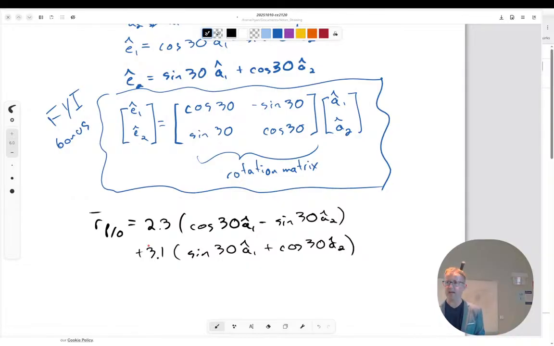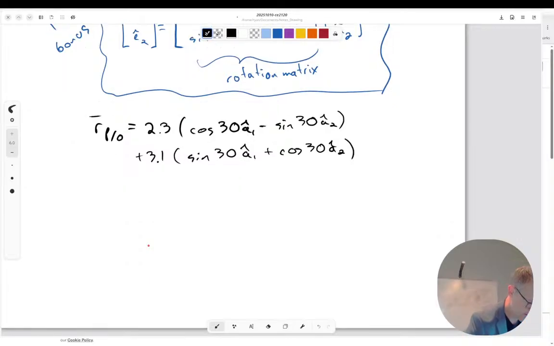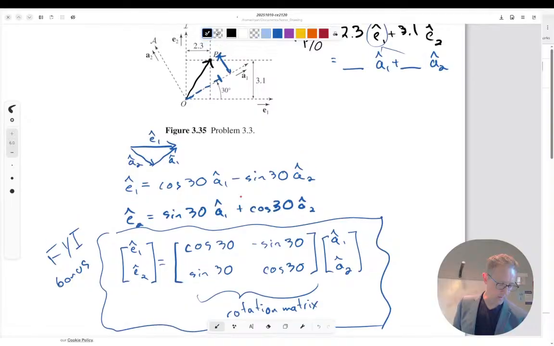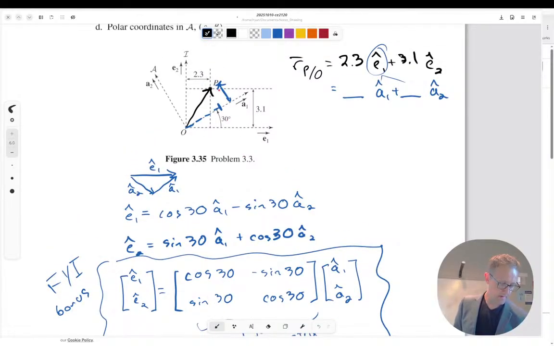Then the rest is combining those terms, right? And then you'll do some math and figure out that our A1 term got bigger, and this vertical component got smaller.